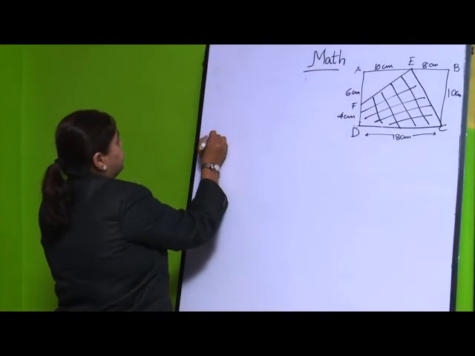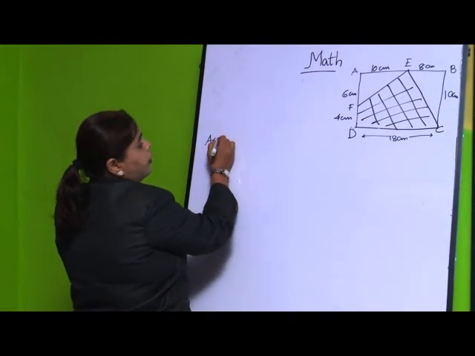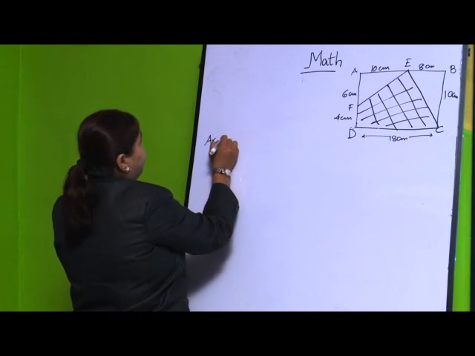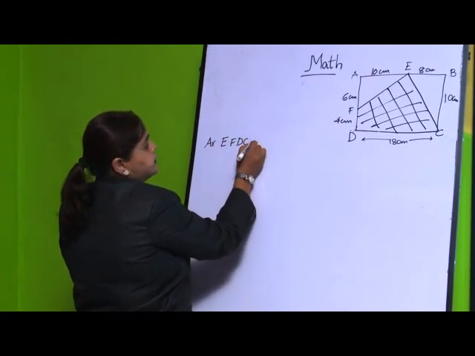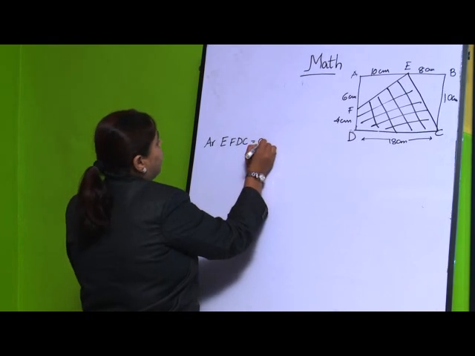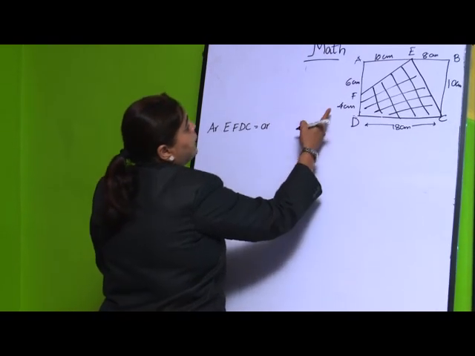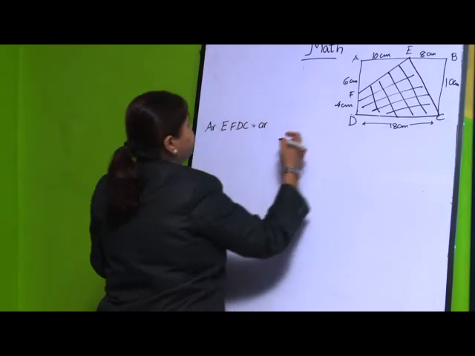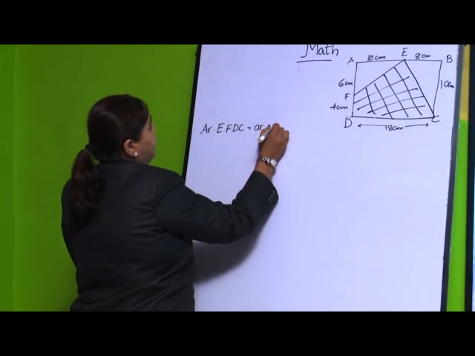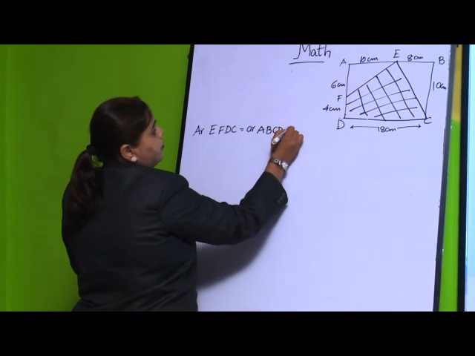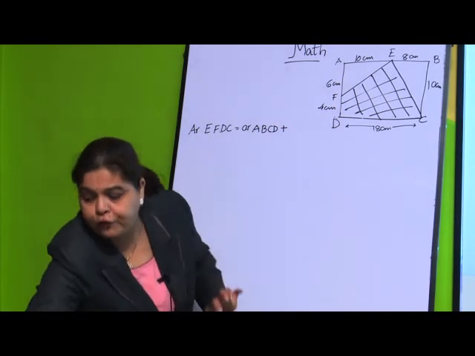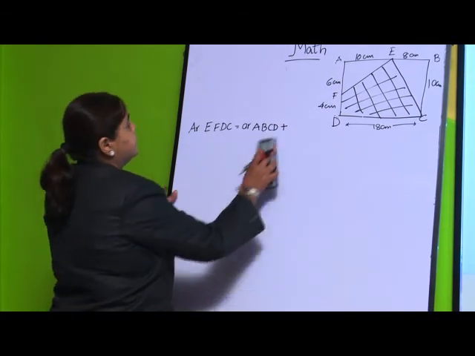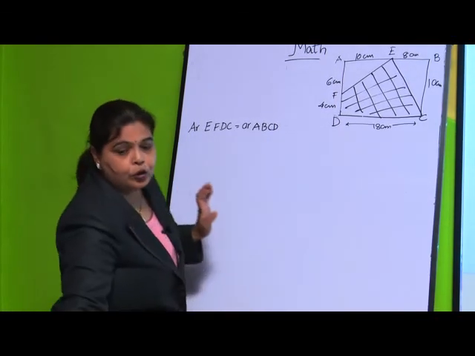So, I will write here, in short, area of EFDC is equal to area of ABCD minus area of both the triangles.